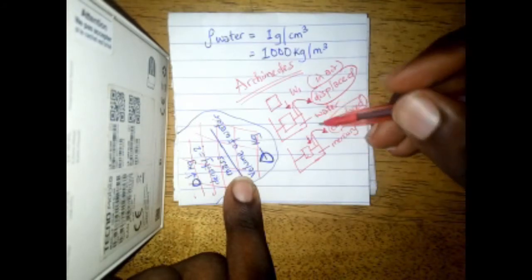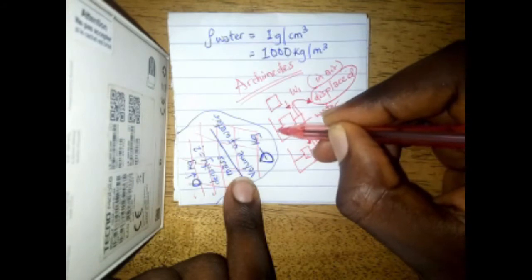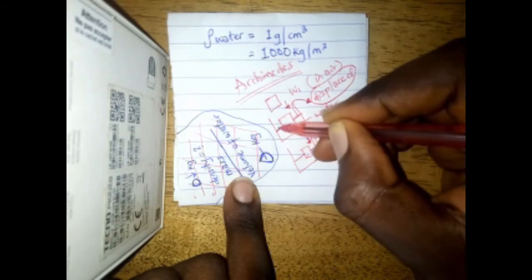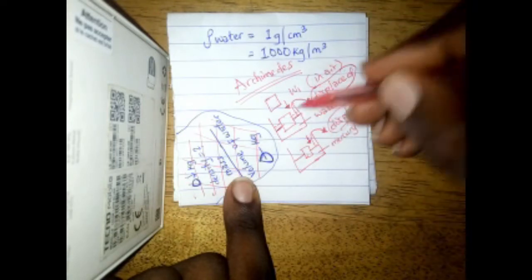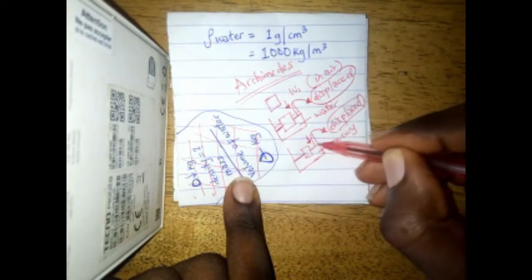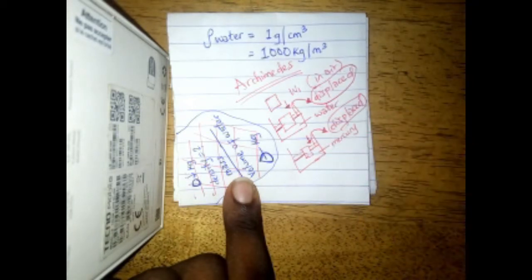Now, what do I mean by this displacement? On dipping this box into water, you realize that the level of water here pushes forward, it comes upward, and the level of mercury here might also move upward a bit.